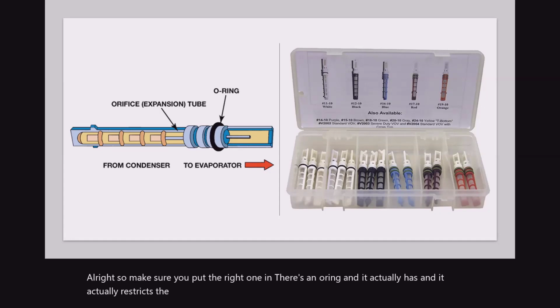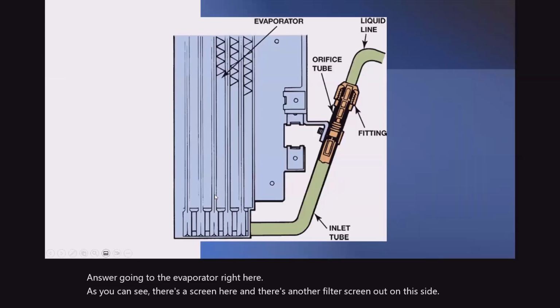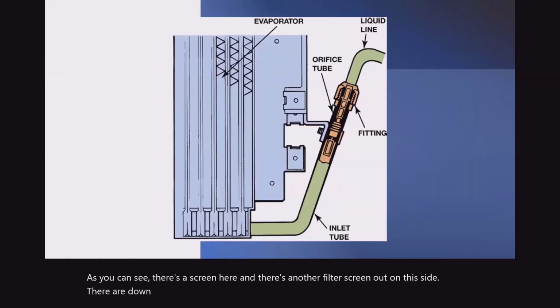So you've got it going in. I'm sorry, you've got it coming from the actual condenser going to the evaporator right here. As you can see, there's a screen here, and there's another filter screen on this side. They are down in close to it most of the time.